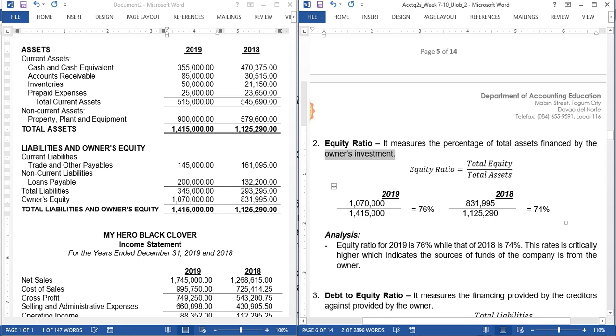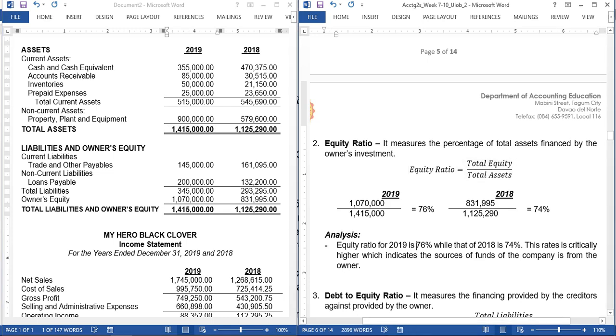So, as you can see, nasa 76% for 2019, 74% for 2018, as computed using total equity, which is 1,070,000 divided by total asset na 1,415,000. So total equity 76 and 74, this is higher, indicates that the source of funds of the company is from the owner.